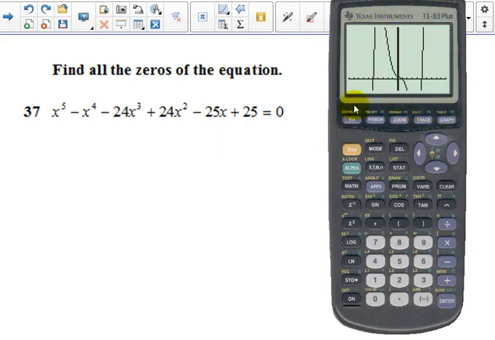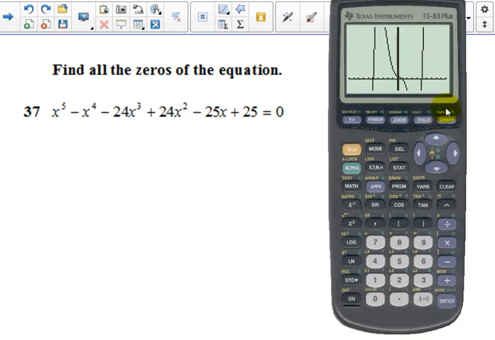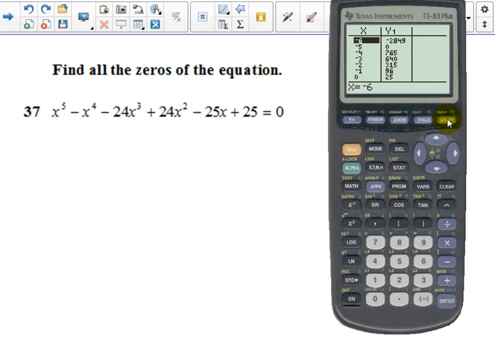Okay, I had that typed in wrong, and I've corrected it. So, I was missing the cube right here. So I noticed there was nothing coming out in my tables as you saw in the data. But when you graph it now, you can pretty much see it's looking like it's at -5, around 0, and 5. So you can, again, check your table, or you can calculate your zeros.